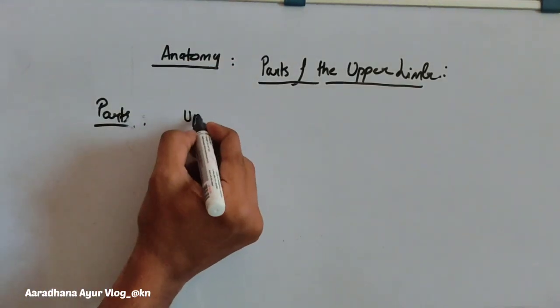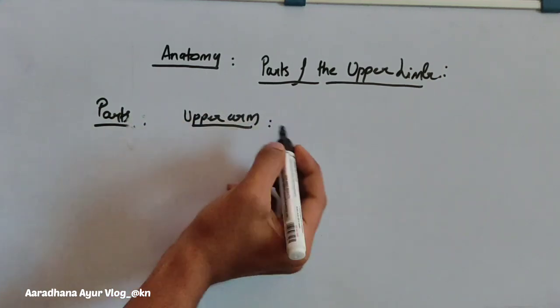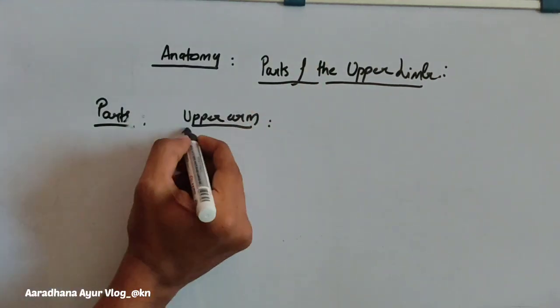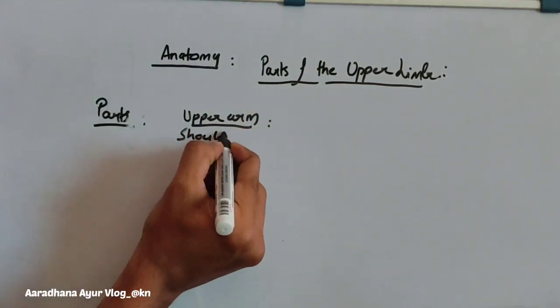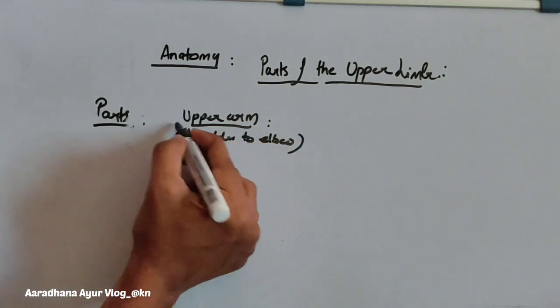Next is the upper arm. That is from the shoulder to the elbow, which we usually call the upper arm.